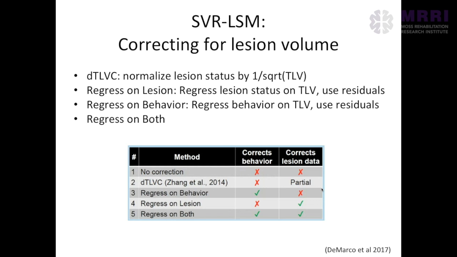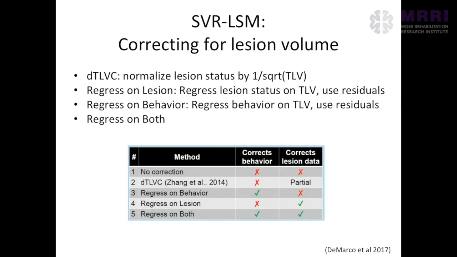It's a confound, in the sense that we don't want to end up with a result where we say our behavior is driven by people with large lesions, so we pick up the areas where people have those large lesions, and that's it. We want to be able to say something more interesting. So we want to correct for this relationship between total lesion volume and behavioral deficits.